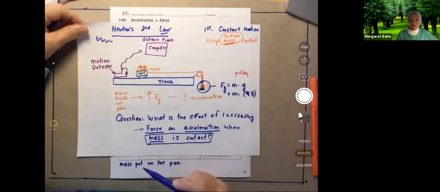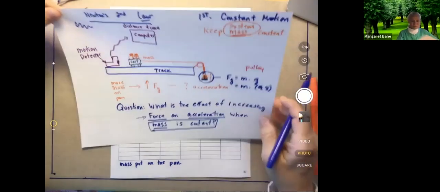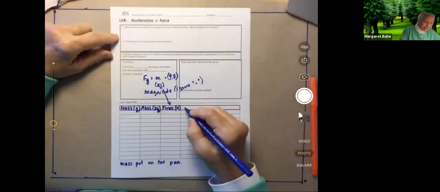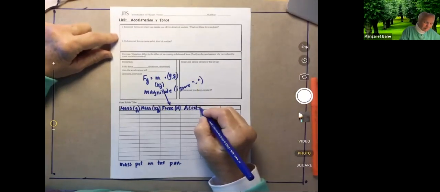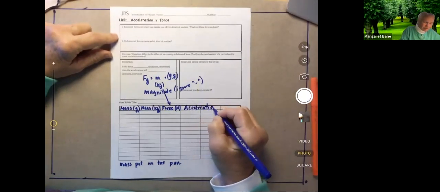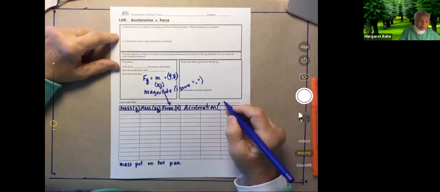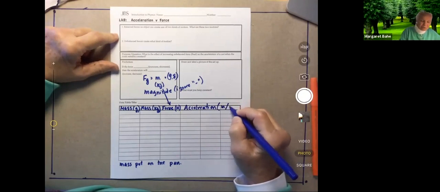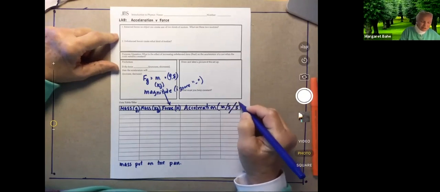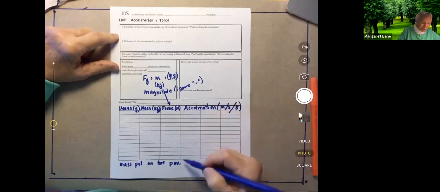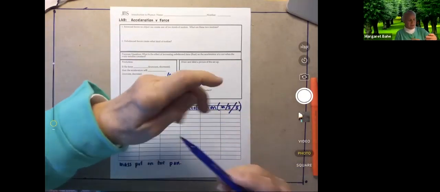What is the effect of increasing force on acceleration? So acceleration, which is going to be measured, as Carolina told us, in meters per second squared, is going to go in this column right here. All right.